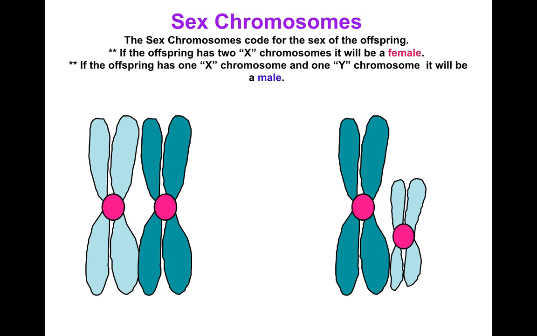So here I have the X, but I also have what we would call a Y. Now it doesn't look like a Y, it still kind of looks like our X shape. However, it is significantly smaller than the X chromosome. And this would be male, and this is female.